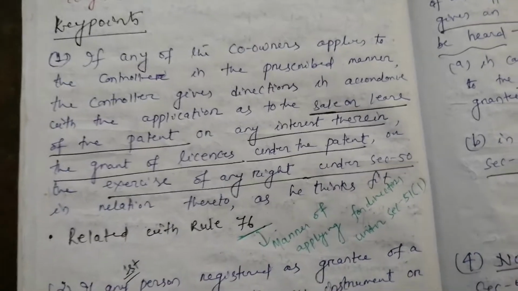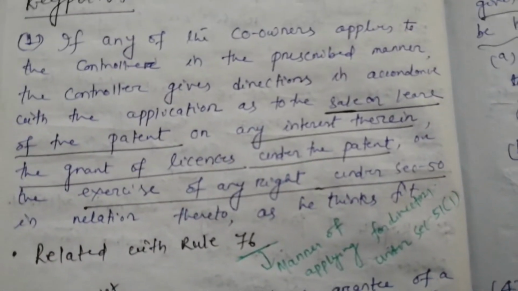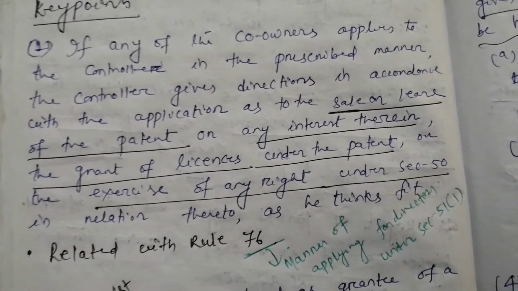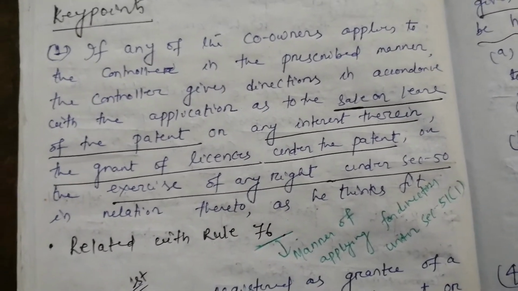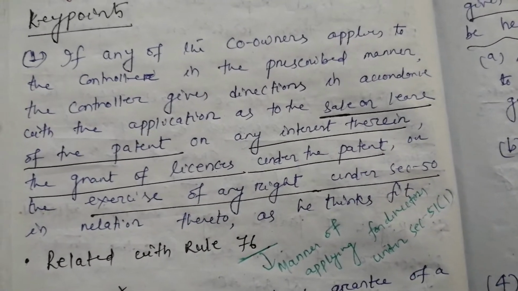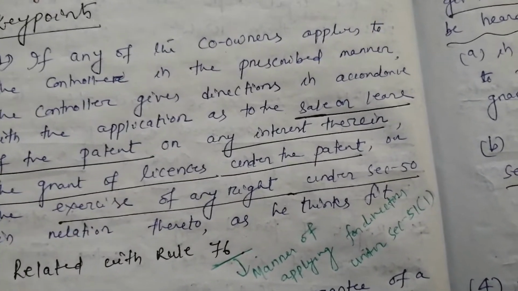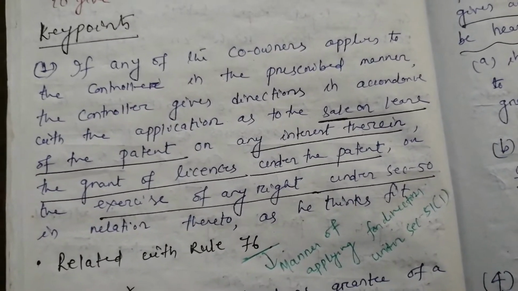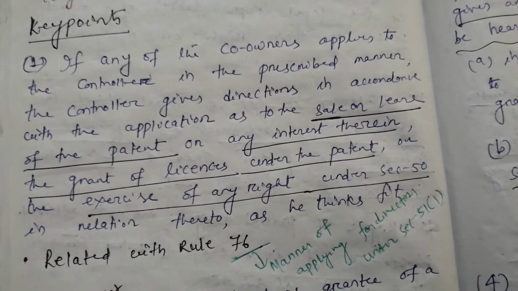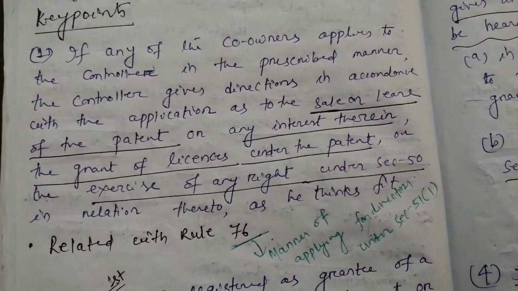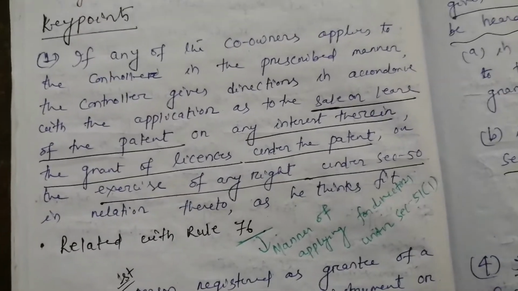Suppose there is a granted patent and unlike the normal patents, this patent is owned by more than one person. That means it has co-owners or patentees or grantees, and their number is more than one.